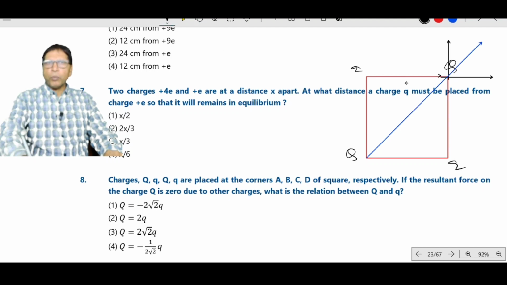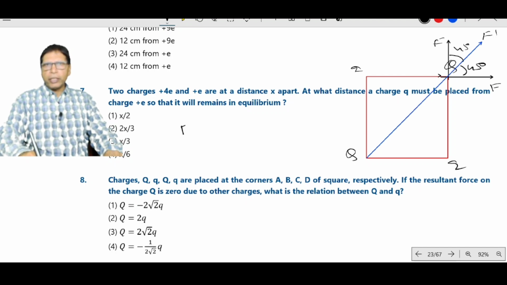So suppose this force is F, this force also F, and this is F dash. This is 45 degree, this also 45 degree. So net force zero. That means F dash plus 2F cos 45 degree equal to 0. Now F dash equals minus 2F into 1 by root 2.